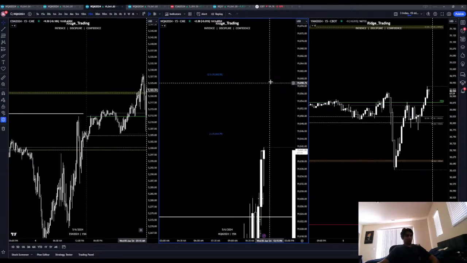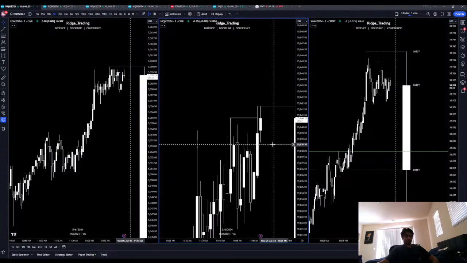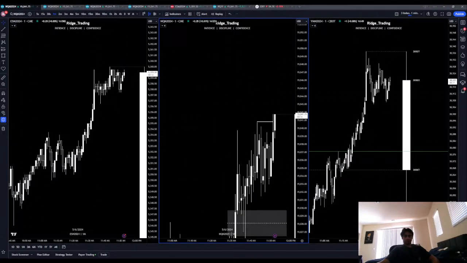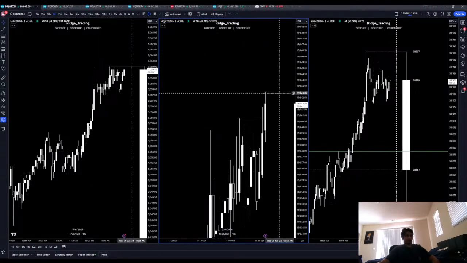Even to push the 2.5 is very, very within reason. .43, almost there.